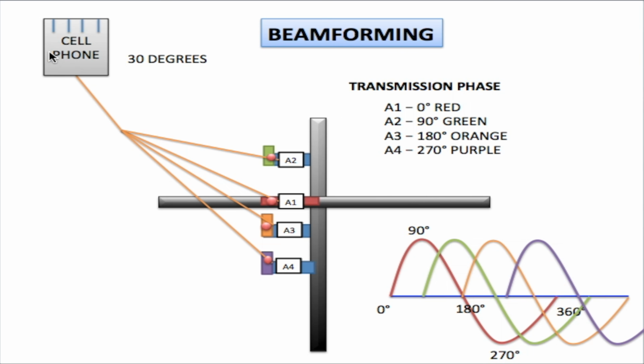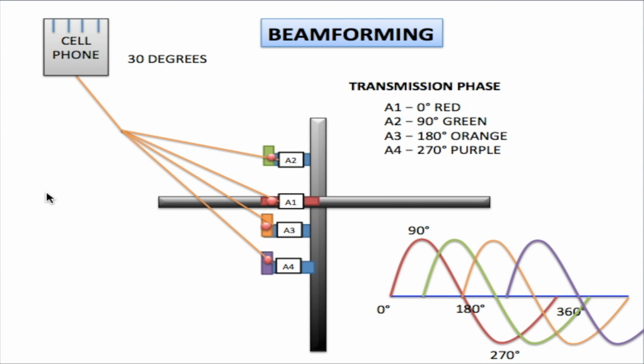When this phone changes position, these would change because these are the phases that were assigned by the base station to the antenna. And this is all done electronically. Nothing is physically moved. So the base station would change the phase on all of these antennas electronically as the phone moves.